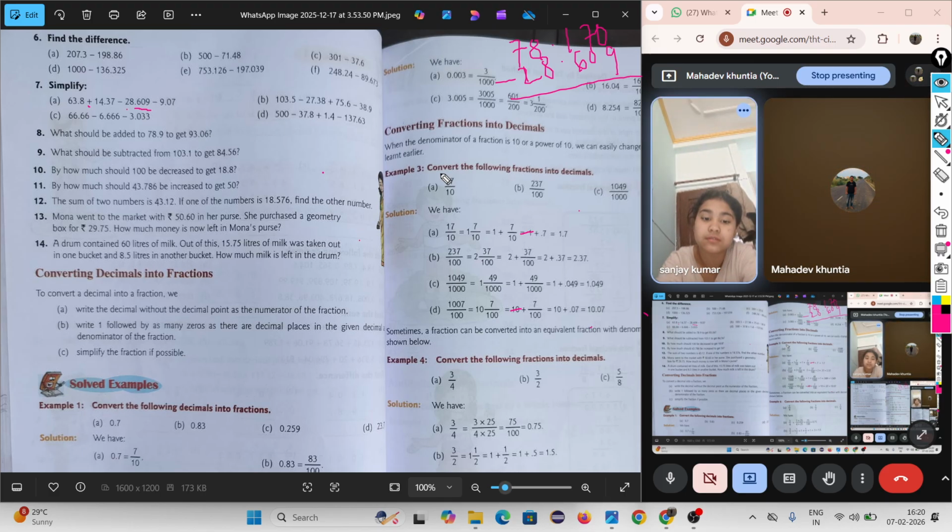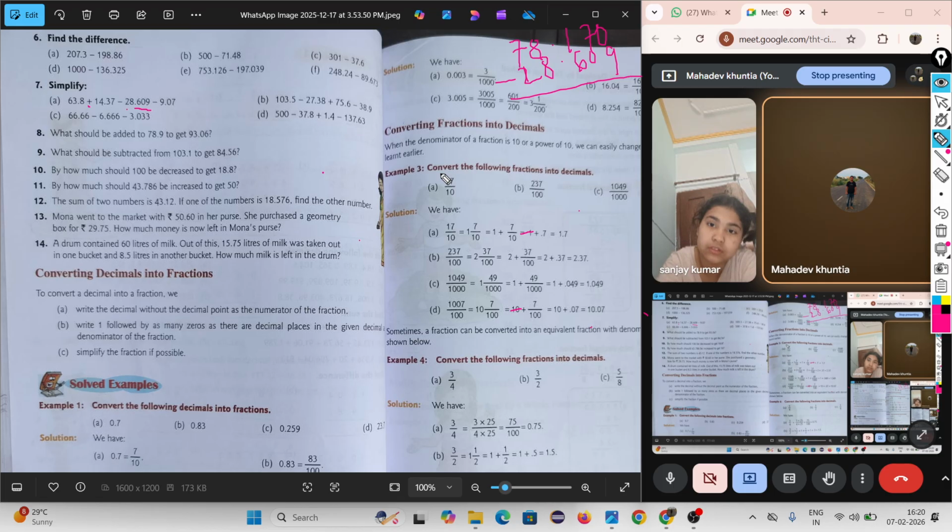Now do. Give focus. Only 20 days, the exam is around 20 days. Give focus.